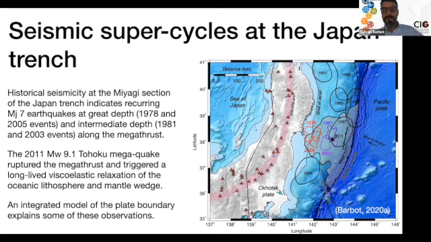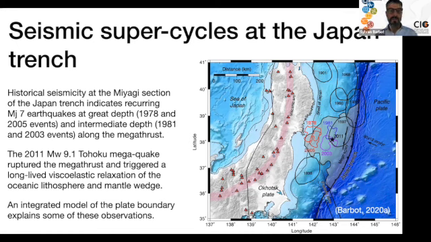We are at the Japan Trench, and imagine a world before Tohoku, where historical seismicity only indicated quite frequent magnitude 7 earthquakes on the down dip extension of the seismogenic zone or at intermediate depths above. And so the examples of this are the 1978 and 2005 events close to the coast, and the 1981 and 2003 events a little bit up dip.